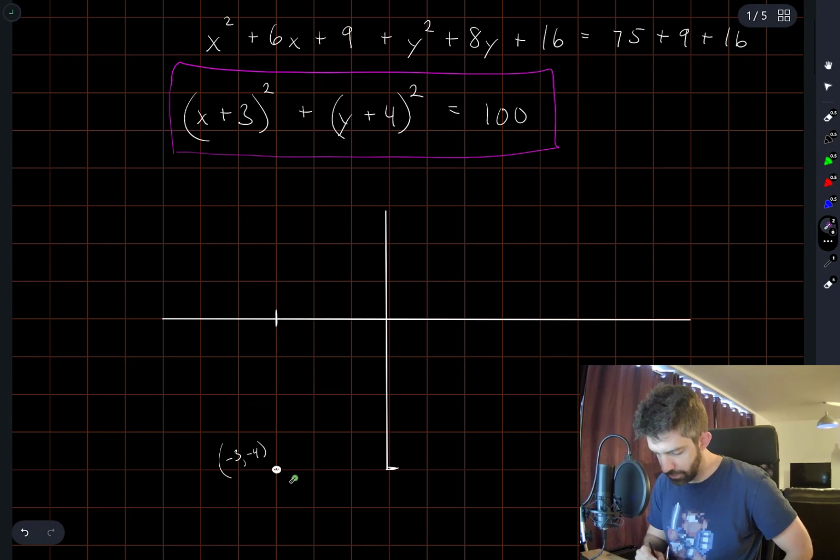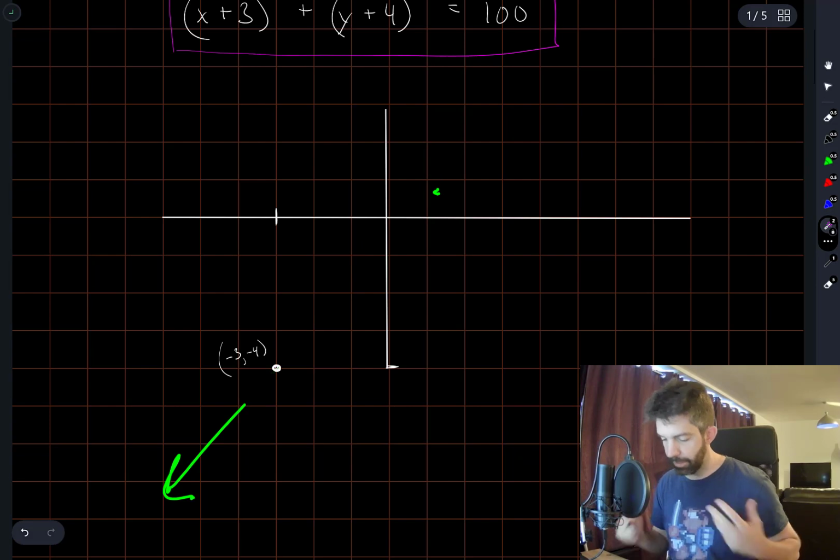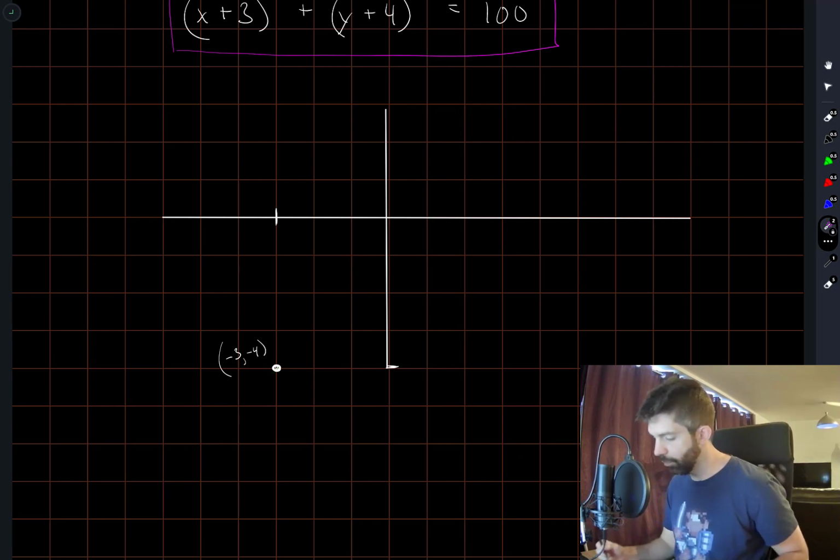I'm going to find the equation of a line which connects the center of the circle to the origin. And I'm going to find where that line intersects the circle. It will intersect the circle in 2 points. There will be one intersection in that direction and one intersection in that direction, but it'll be clear which of these two that I actually want.